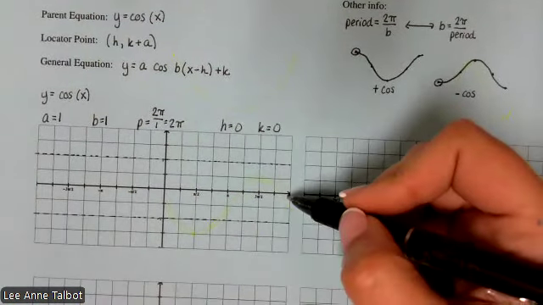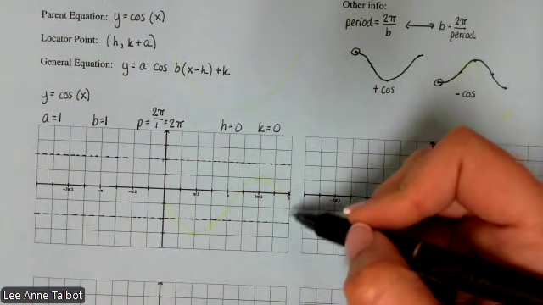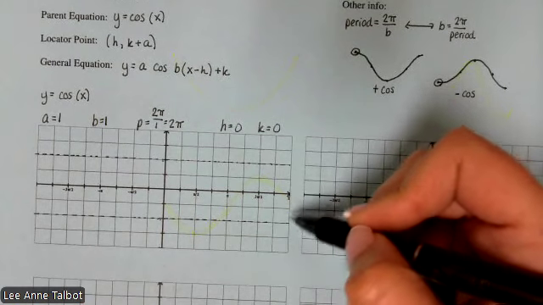So there's my K equals 0. My A equals 1 on both sides.